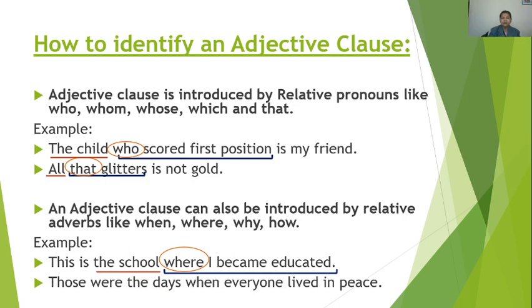Okay, now look at the next example. Those were the days when everyone lived in peace. Now find out the adjective clause. As I told you, they are introduced by relative pronouns or relative adverbs. So which relative pronoun or adverb is used? Here, find out when. So what is your adjective clause in this? When everyone lived in peace.